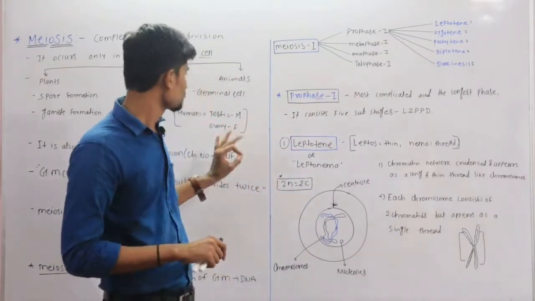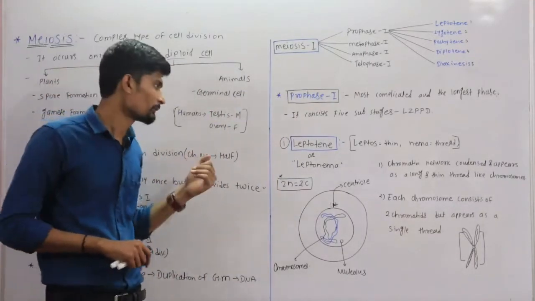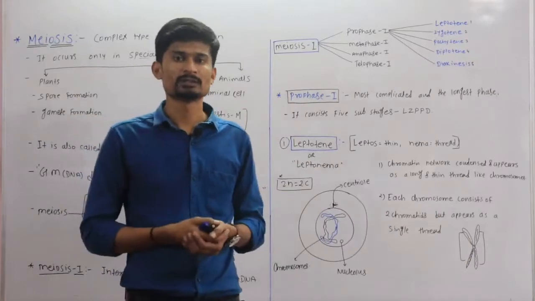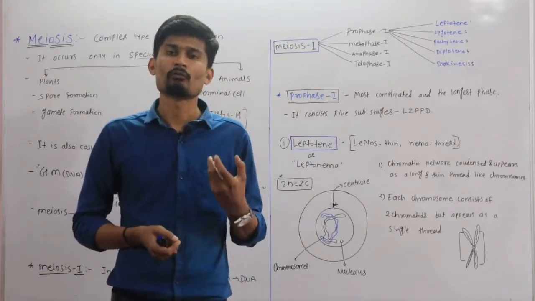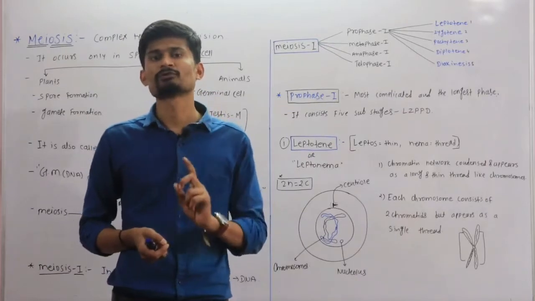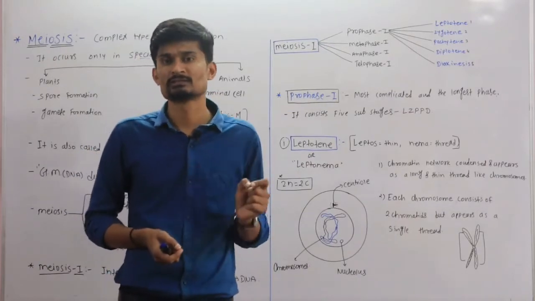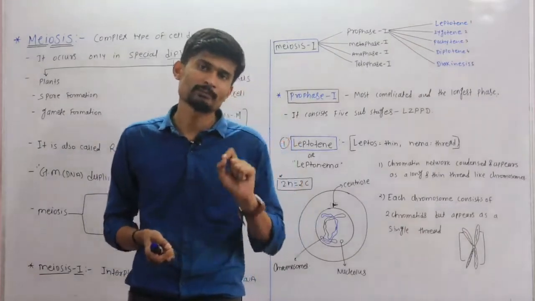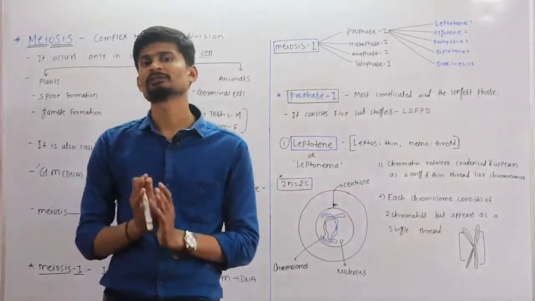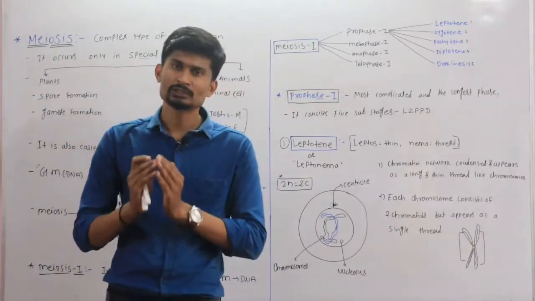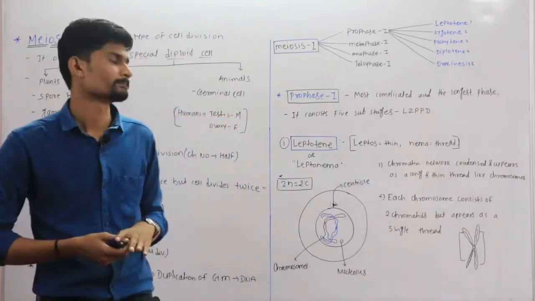In the female there is the ovary, and in the ovary there is development of follicles, a number of follicles, and in each follicle there is a developing ovum. That ovum is produced by meiotic division. That process is called oogenesis, and the formation of sperm is called spermatogenesis. These two processes, spermatogenesis and oogenesis, we will see in the reproduction chapter.